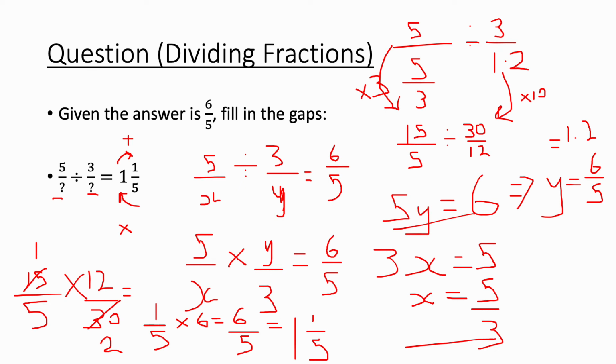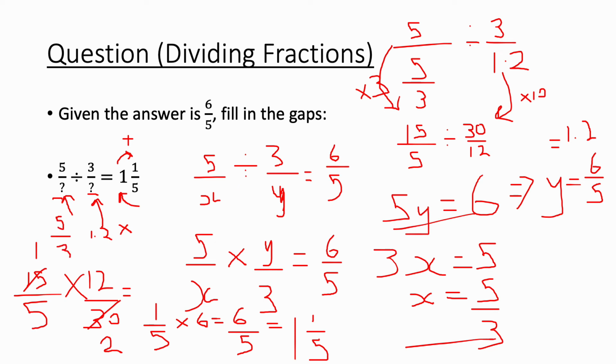So the question mark here, if you're interested, is going to be 5/3, and then here is going to be 1.2, or 6/5. The reason why I couldn't write this as a decimal is because 5/3 is actually a recurring decimal, so that's why I couldn't write that.